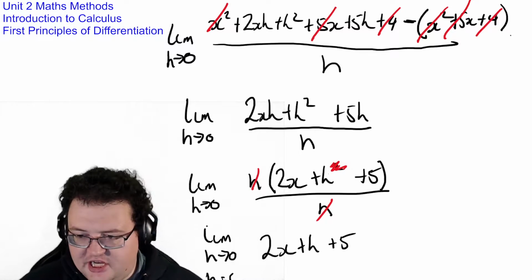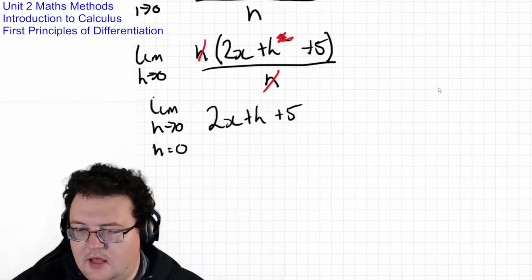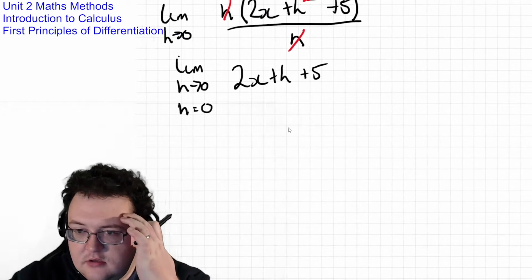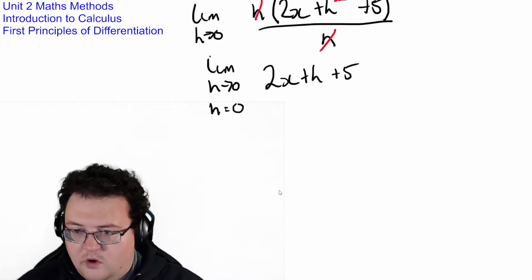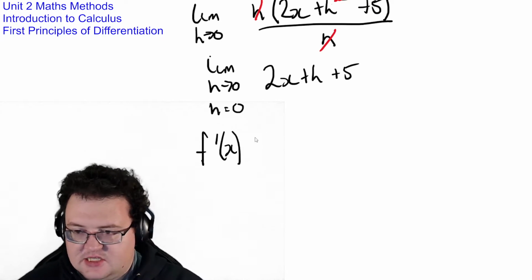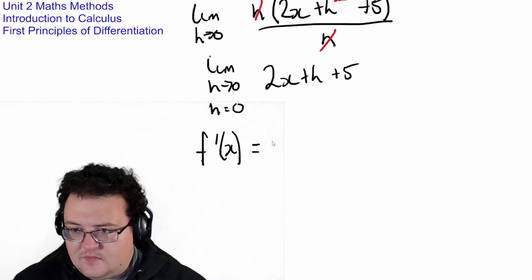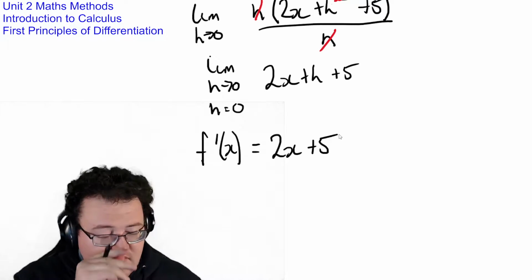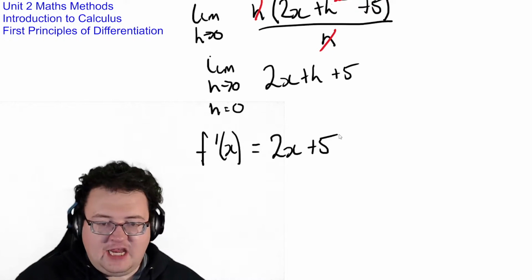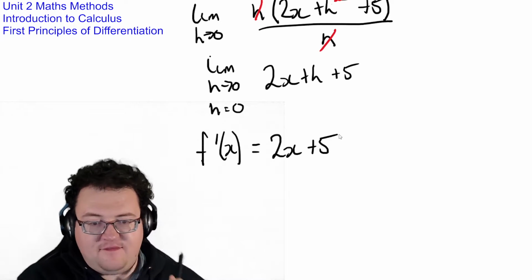Now I say h equals 0. That h is gone. And my final answer, my end goal, f dash x equals 2x plus 5.